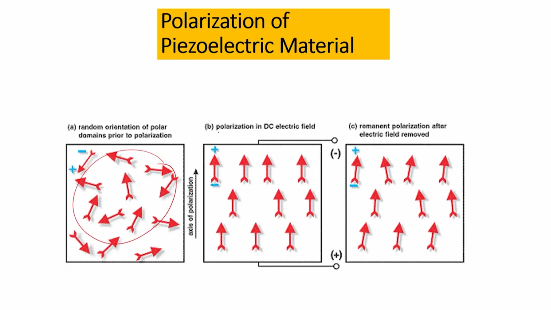But if I polarize them with respect to a DC electric field, then all these dipoles will become aligned. And even if I withdraw the DC field, there will be a remnant polarization, and because of that they will more or less remain aligned. In this case, if I further expand or contract, I will get an overall voltage in the system, so that it becomes a cumulative effect and does not cancel out.